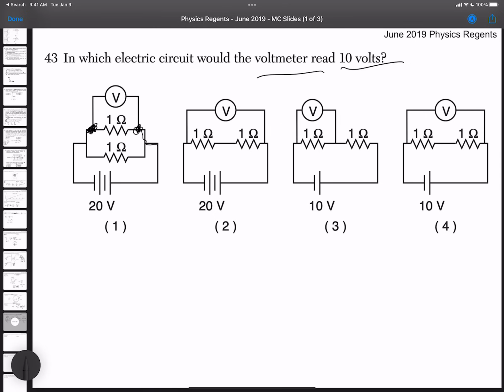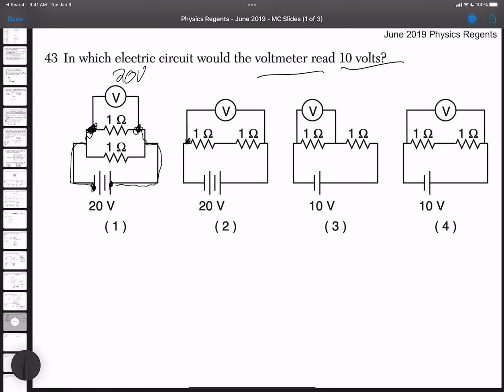Now the potential across a battery or across a wire is whatever it's attached to. So one end over here is at 0, and the other end is 20, and so the difference there would be 20 volts. That is what the voltmeter in situation 1 would read.